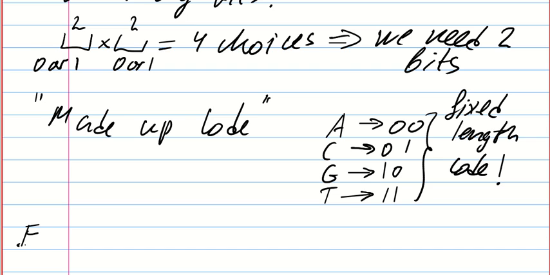So let's look at the example of how to use a fixed length code. Examples in this part will be really easy, and assignments will be really easy. It's just important to understand the idea of the variable length codes.